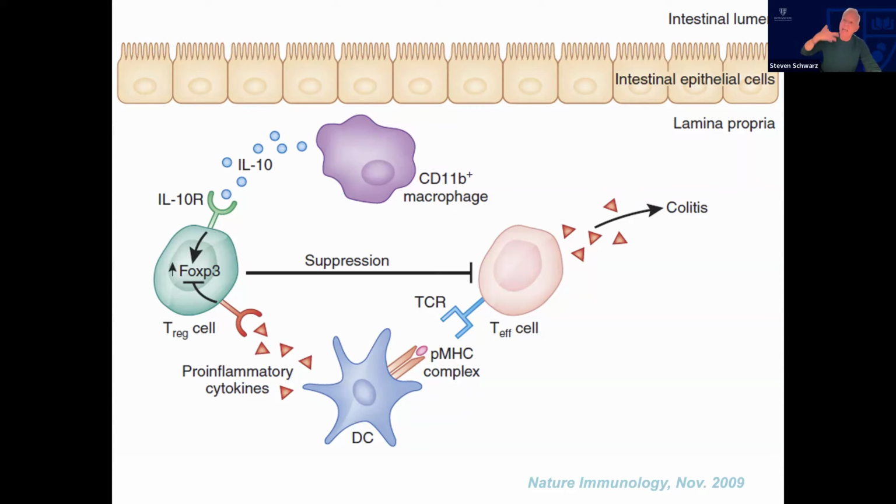And FOXP3 is activated by IL-10R. When there's a mutation in IL-10R, there is failure to activate FOXP3, which results in a failure to cause an elaboration of T regulatory cells, an increased amount of T effector or T killer cells, and the production of excess inflammatory cytokines.